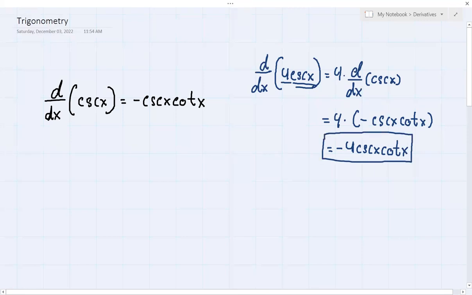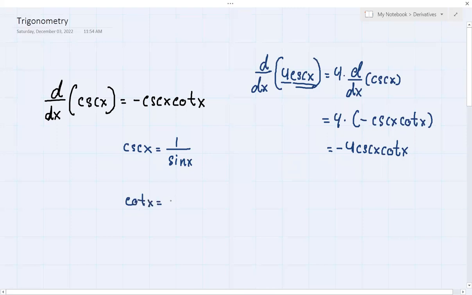Or, pwede mo siyang i-simplify. If you want to convert these functions into sine x or cosine x, pwede naman. We have this one. Reciprocal identity. Cosecant x is the same as the reciprocal of sine x. So it means cosecant x is equal to 1 all over sine x. Then next, we have cotangent x.